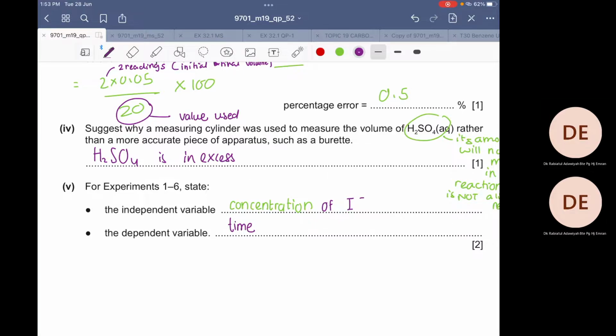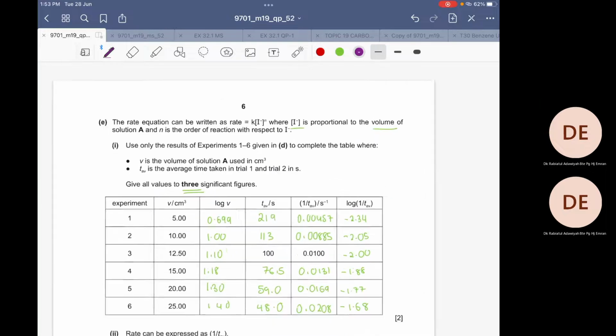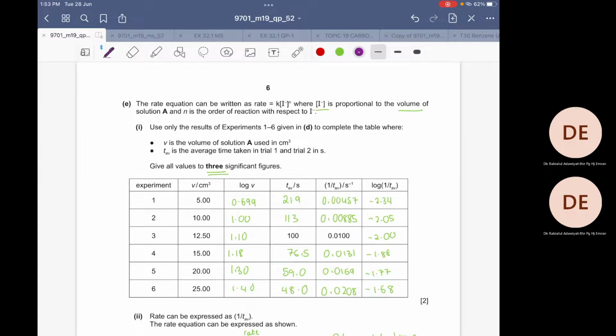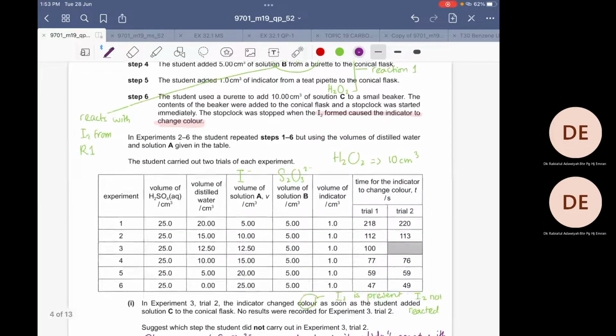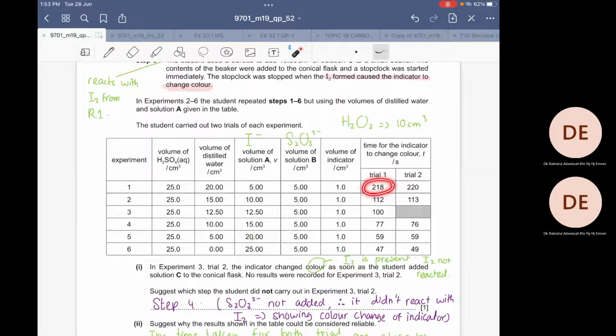Next, you have to complete the table. Basically, log V, you just take the log to the base 10 of your volume V. T average, the average time taken, is you just add the time for trial 1 plus the time for trial 2, divide by 2.